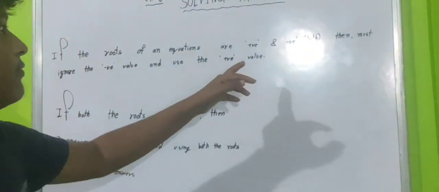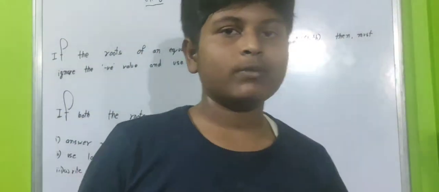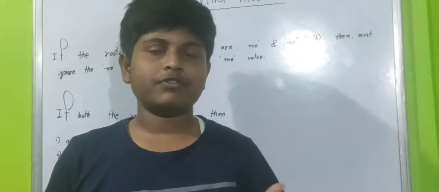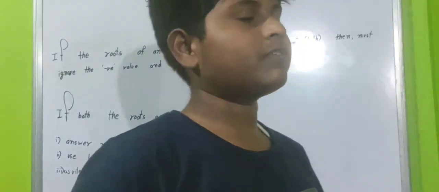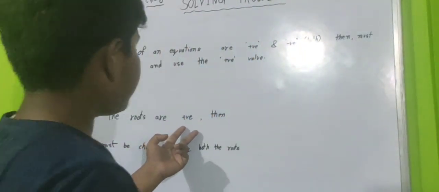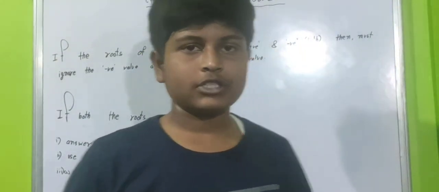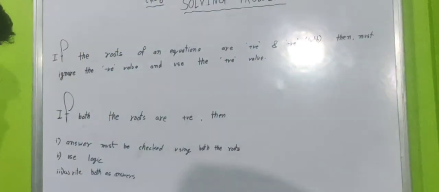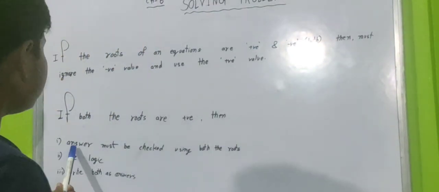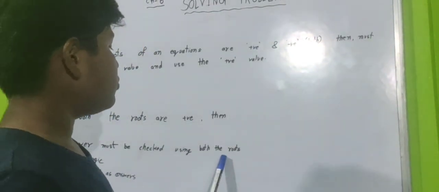But if one is positive and one is negative, you must ignore the negative and solve it further taking the positive answer. But if both the roots are positive, then step 1 you have to do is that the answer must be checked using both the roots.